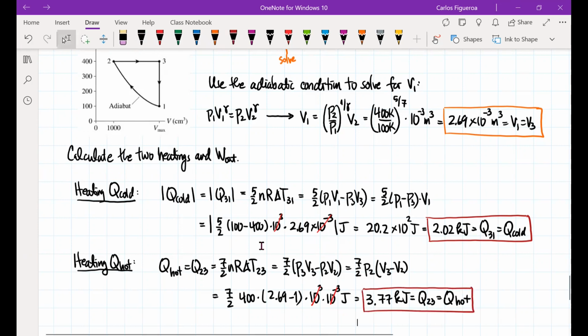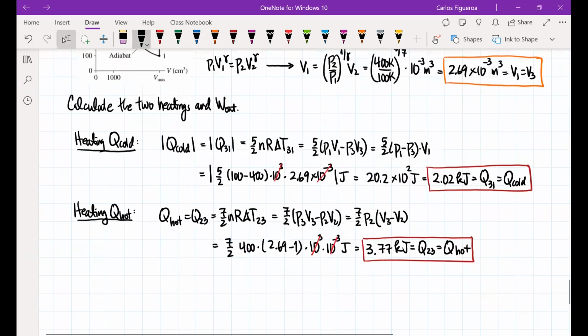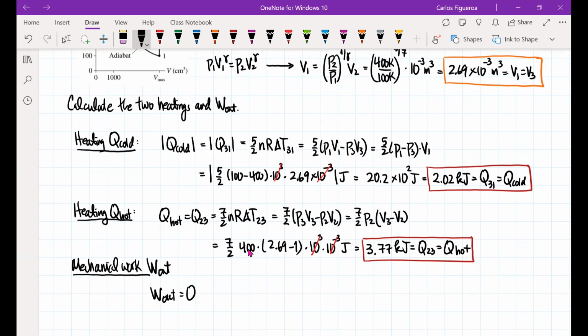So then the last thing that I need is that I need to look at the mechanical work, W out. And this comes from the first law. So from the first law, the work out is equal to Q hot minus Q cold.